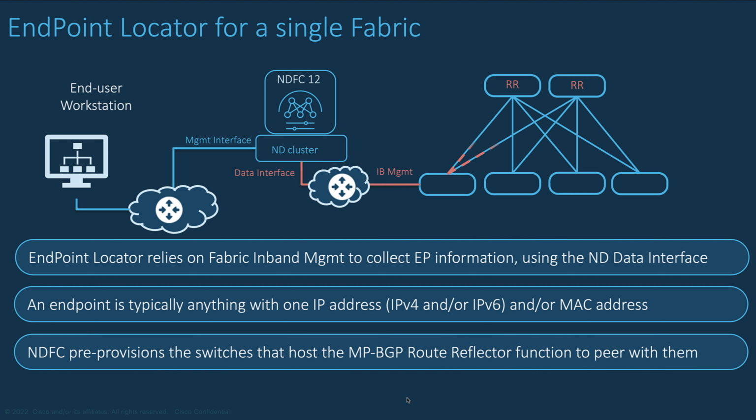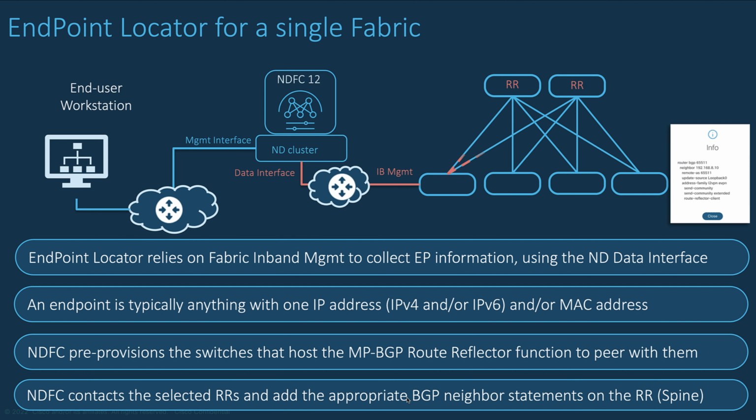NDFC embeds a function called EPL, Endpoint Locator. This feature allows real-time tracking of all endpoints within a fabric or across multiple fabrics, and NDFC will provision the spine node where the route reflector is initiated.